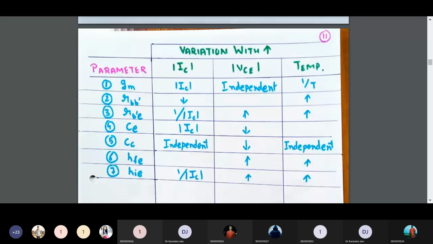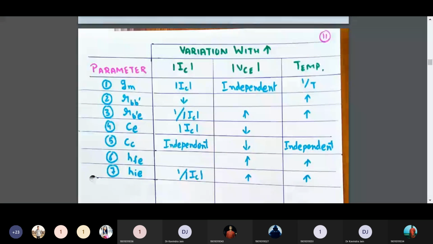Now, the next point is the dependency of RBB dash on IC, the collector current, and the temperature. What is RBB dash, the spreading resistance?